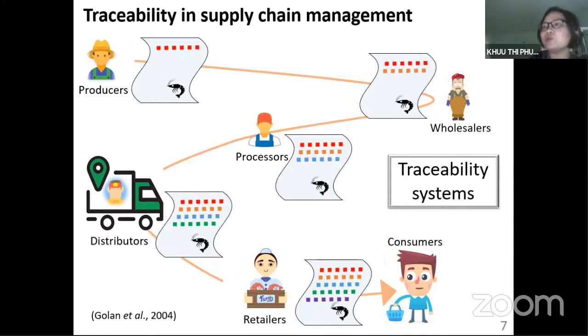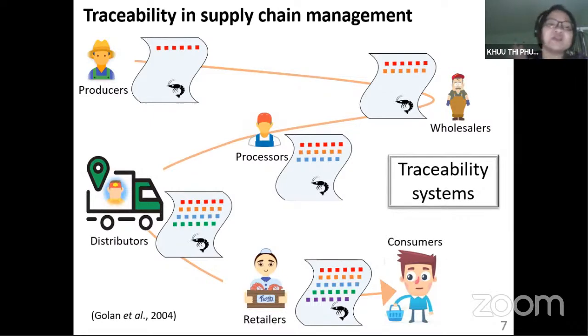Information will be recorded and added at each agent of the supply chain. When consumers want to know about the food, they can get the information. The producers, retailers or processors can provide the information to their customers when required.